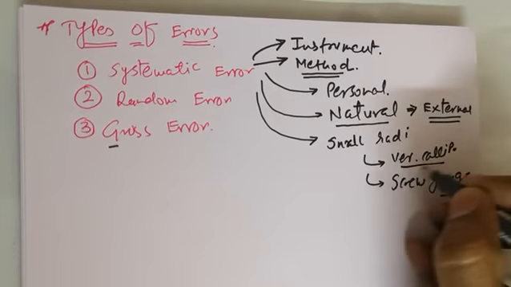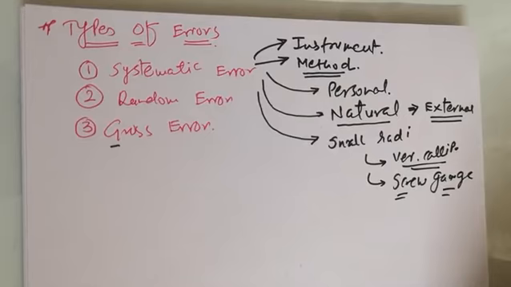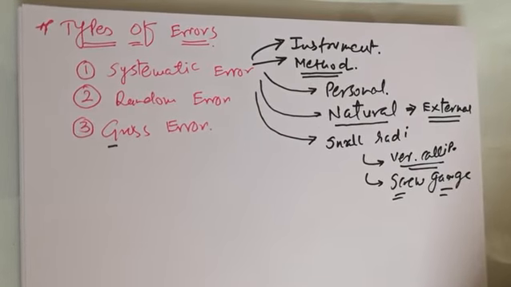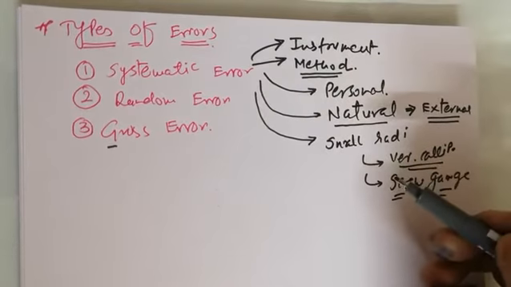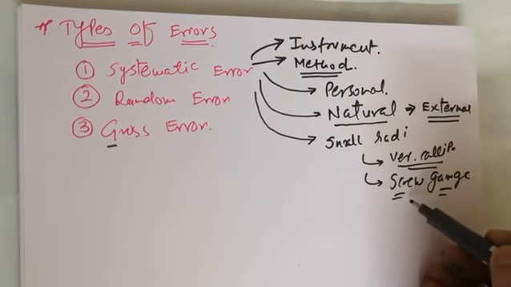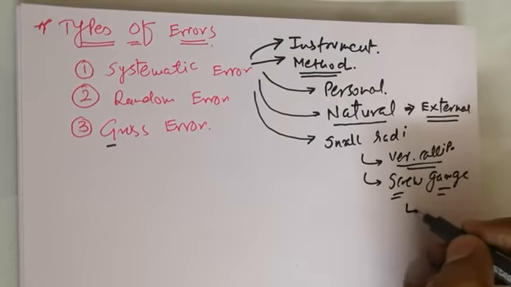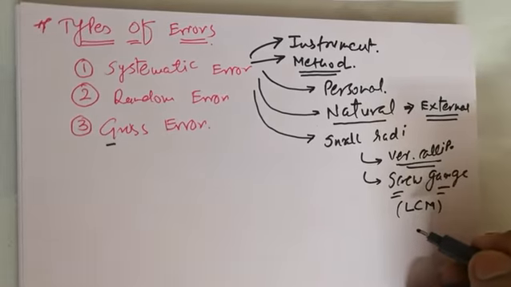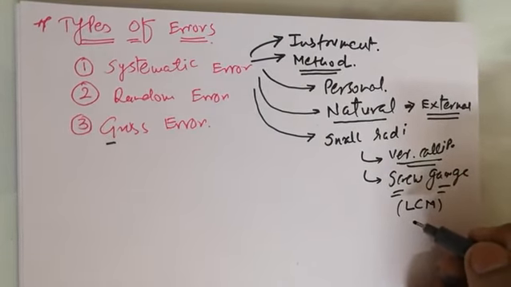These two instruments give you very small radii and small diameters. This is called the least count measurement. Whenever in a practical lab you are handed these two instruments, first ask your practical teacher about its least count measurement, or LCM. So these are the parts where systematic error may occur while performing any experiment.